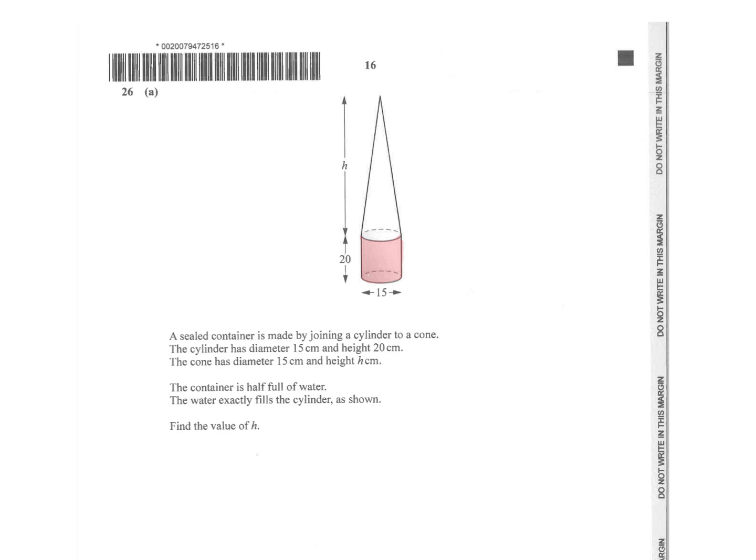So if the container is half filled, but only the cylinder gets filled completely, it means the volume of the cylinder is essentially the volume of the cone. So the volume of the cone must be equal to the volume of the cylinder, because half filled means this is filled, meaning this and this must be equal.